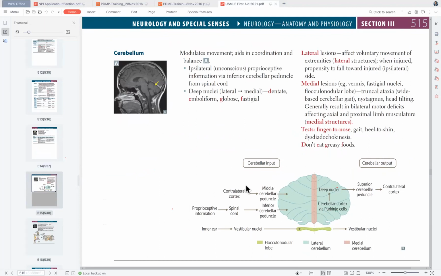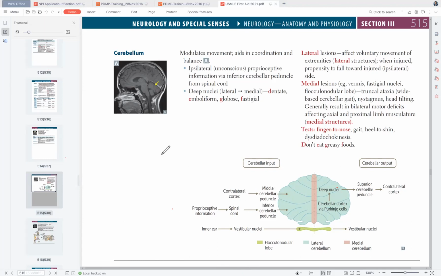So this is the cerebellum down here. There is a lot about the cerebellum, but we'll throw light on some of the stuff. We have to know the main function of the cerebellum, and then if there is a disease of the cerebellum, what would be affected.